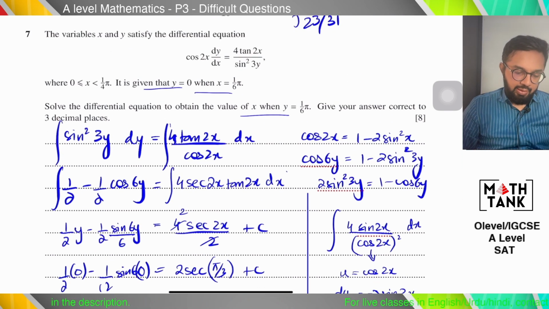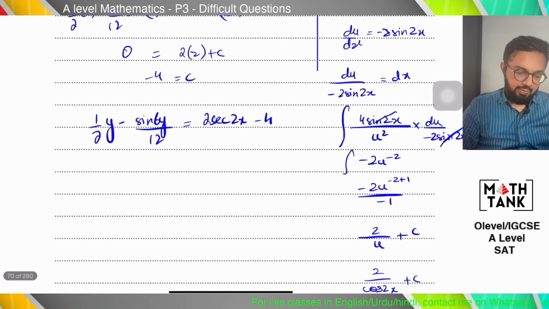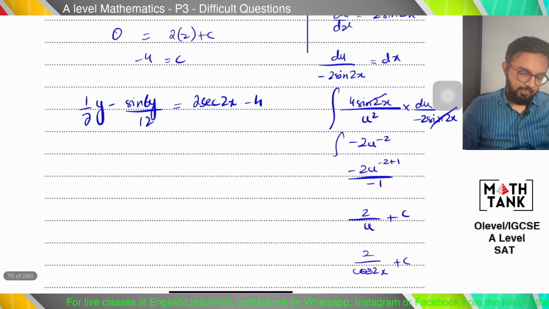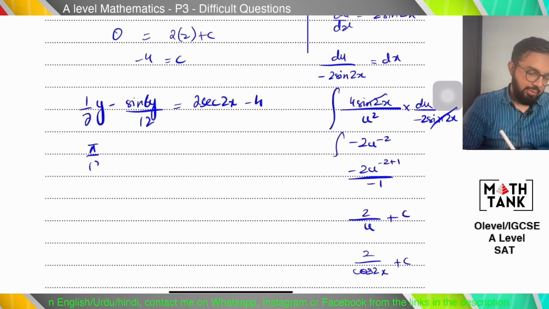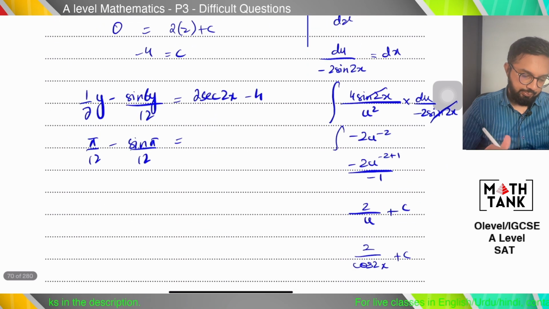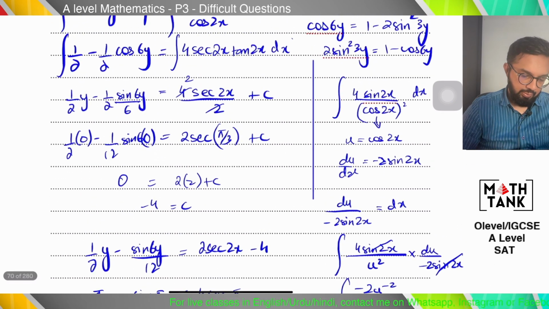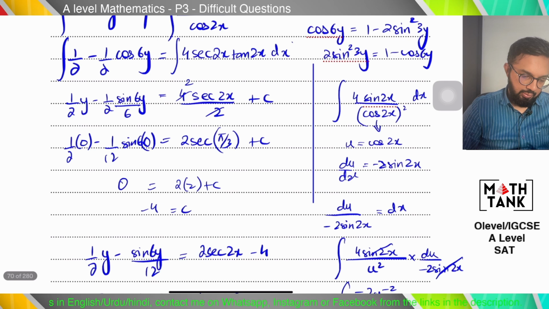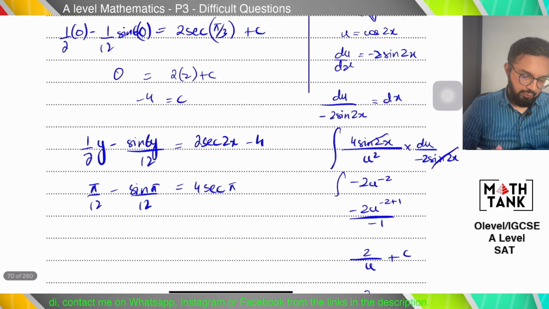Then I want to obtain the value of x when y equals pi over 6. That gives me pi over 12 minus sine pi over 12, equals 2 sec 2x minus 4.